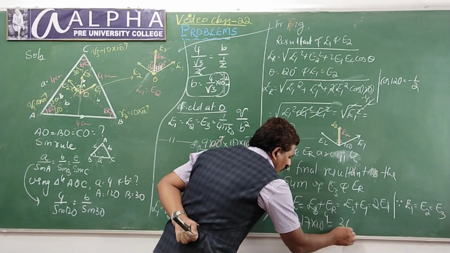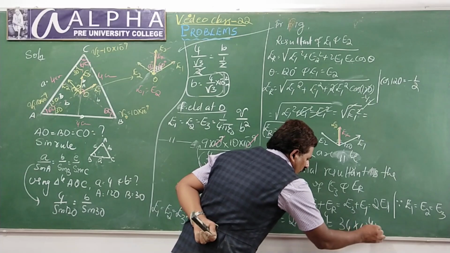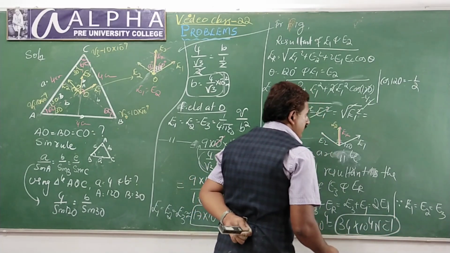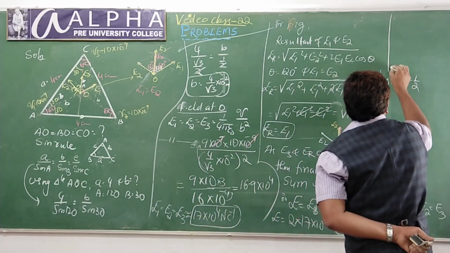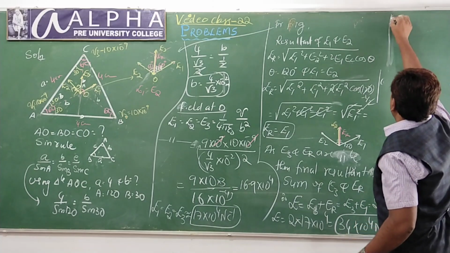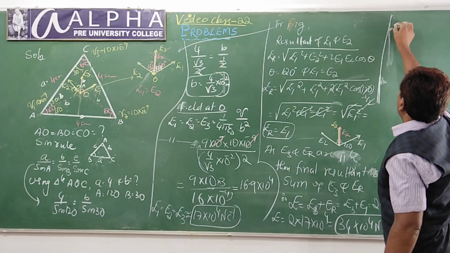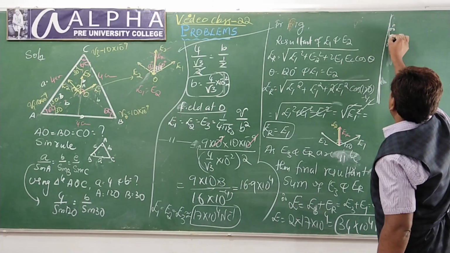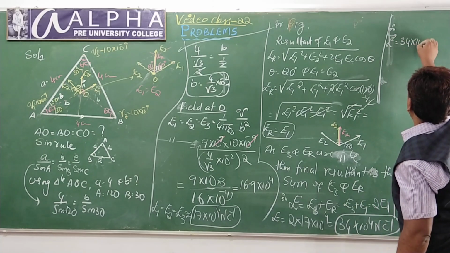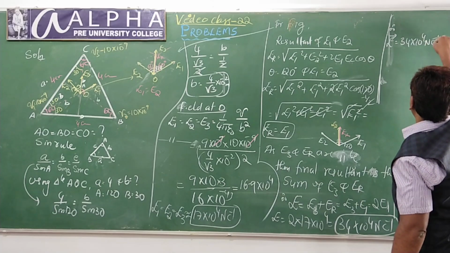That is 34 into 10 to the power 4 Newton per Coulomb. Along which direction? I write the final answer. Let us remove this, you know this part. Therefore, the resultant vector E is 34 into 10 to the power 4 Newton per Coulomb.